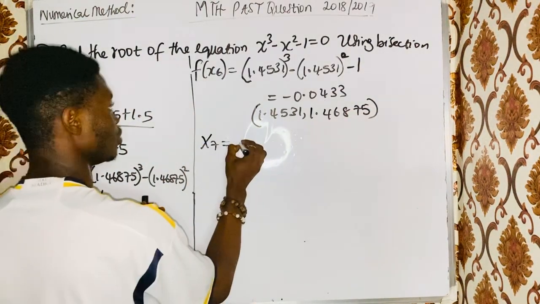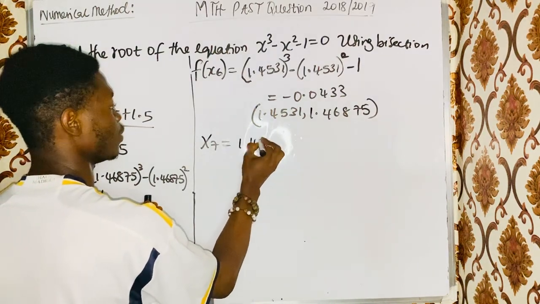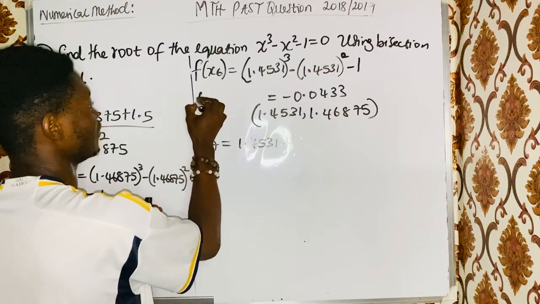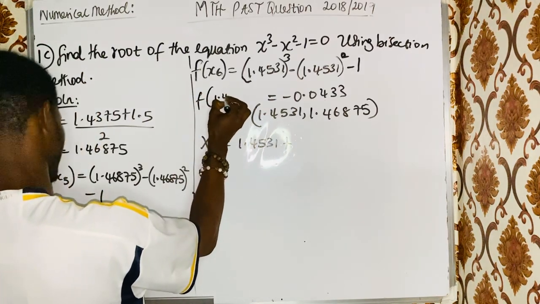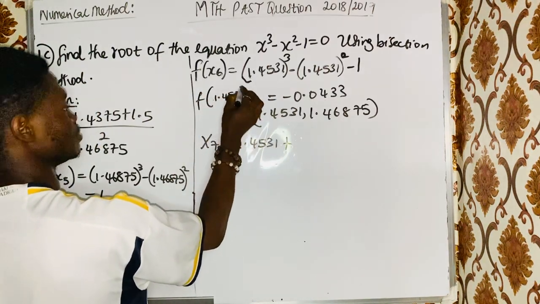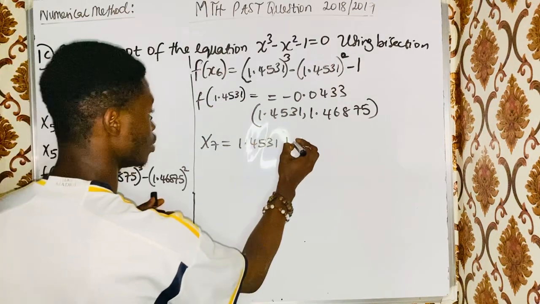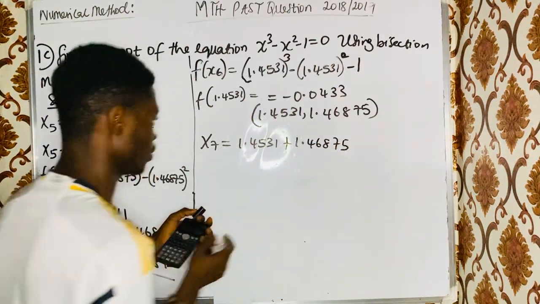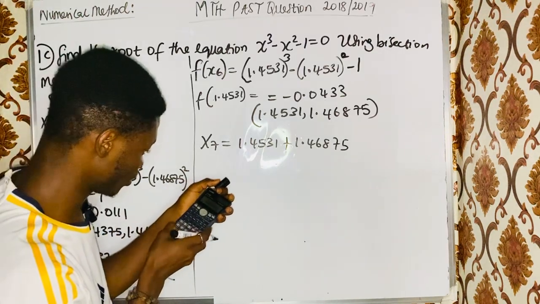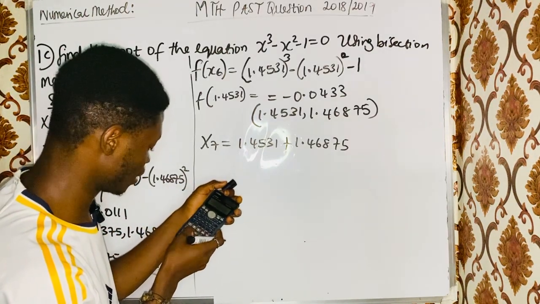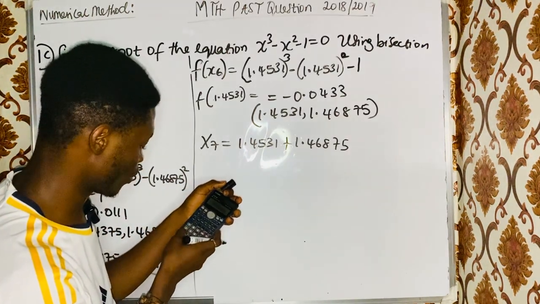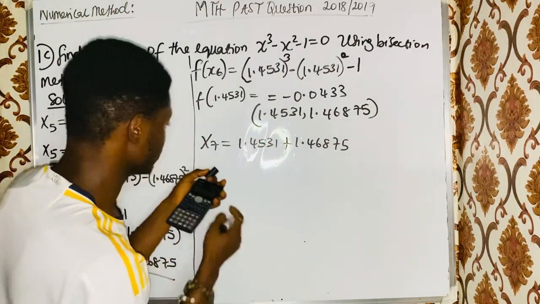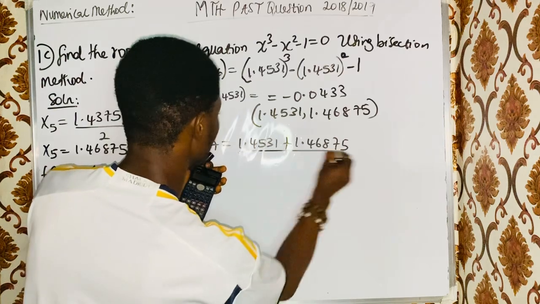Our x7 will be what? 1.4531 plus, remember this one is f of what? 1.4531 gave us this. Plus 1.46875. So we are going to do 1.4531 plus 1.46875 all over 2.